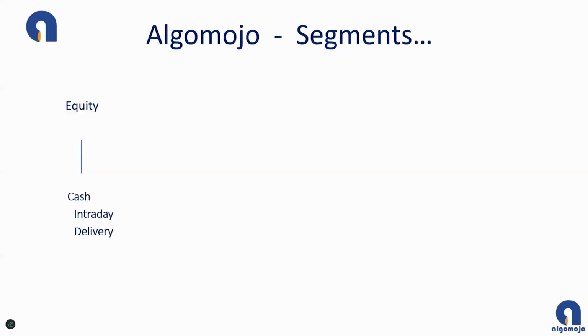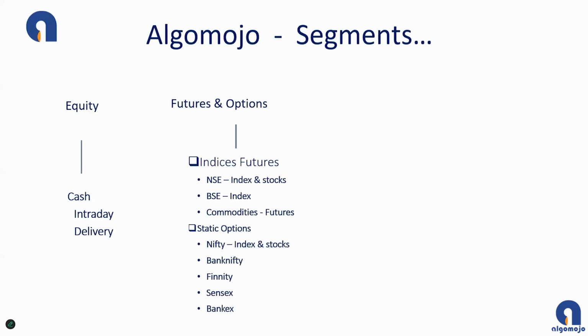Yeah, the segments that you can trade would include cash markets, which could be intraday, and it could be delivery based also. So investors who are looking at holding these stocks for longer periods can also use our system for trading in cash markets. Then you can trade in futures and options. It could be NSE, BSE, commodities, any of these segments.